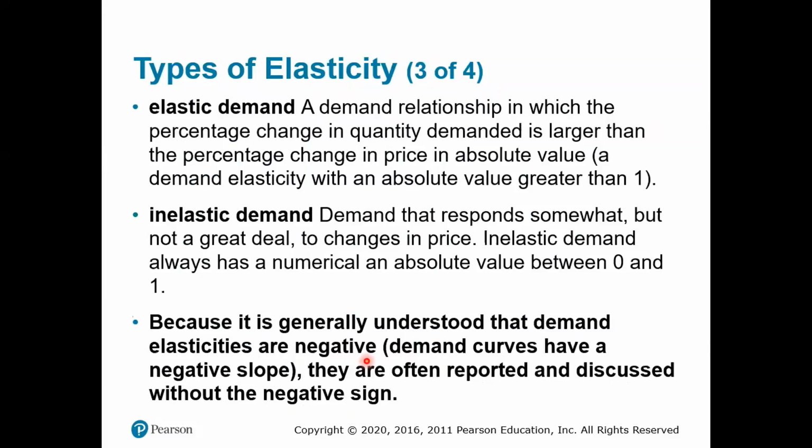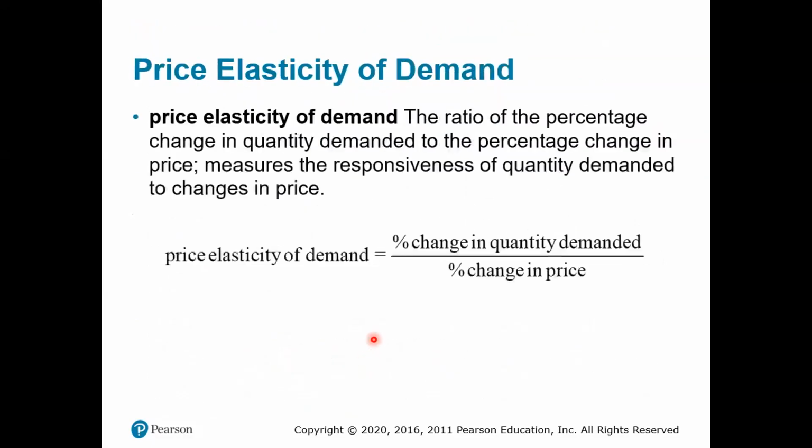So elastic demand is where the percentage change in quantity demanded is larger than the percentage change in price. So that means if we go back here to the definition, elastic demand is where the numerator is bigger than the denominator.